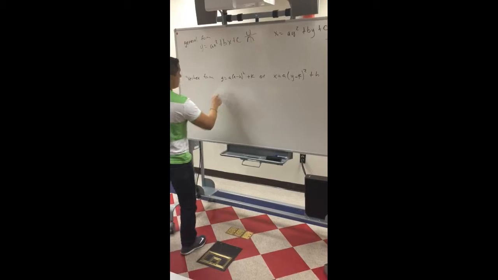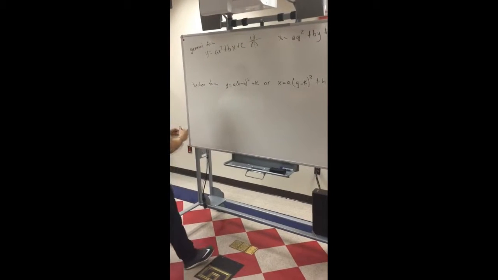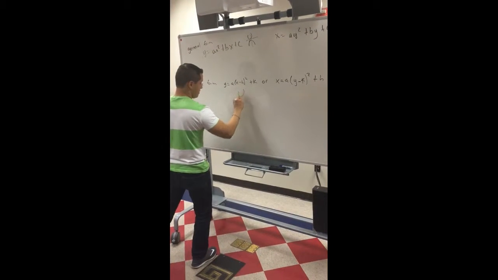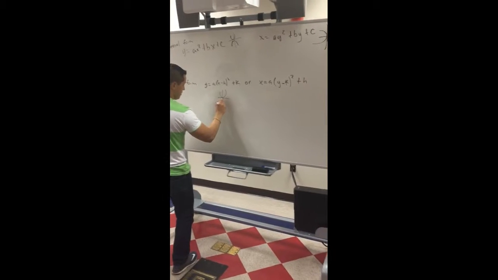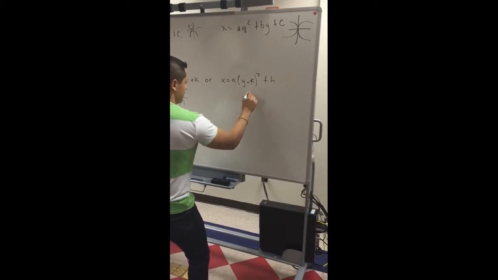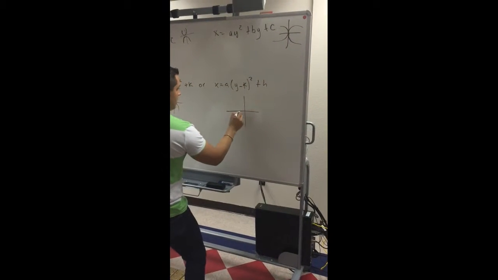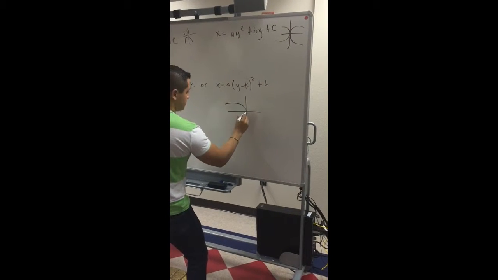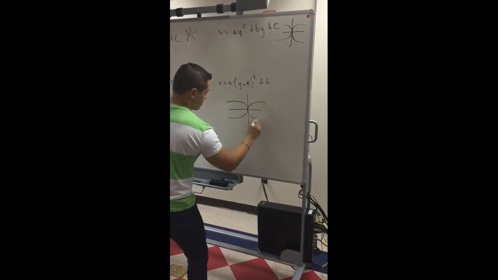Once again, the first one would be a parabola that would be either up or down. The second one would be a parabola opening to the left or opening to the right.